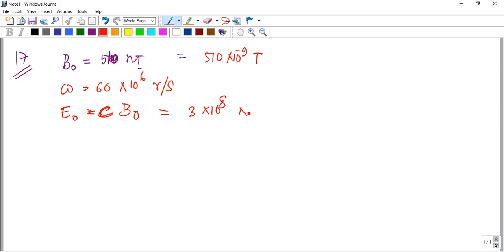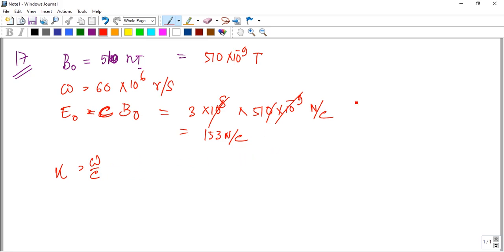B0 is 510 into 10 to the power minus 9. So we get the electric field in Newton per coulomb. These zeros cancel, 153 Newton per coulomb. K here is the constant, that is omega by C.